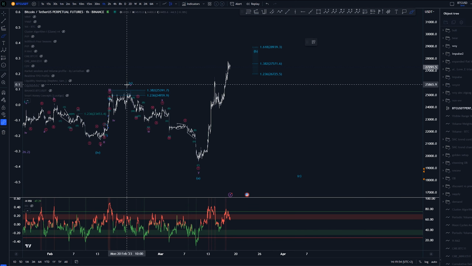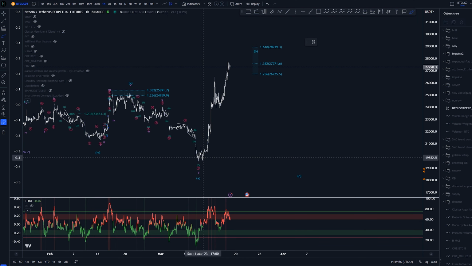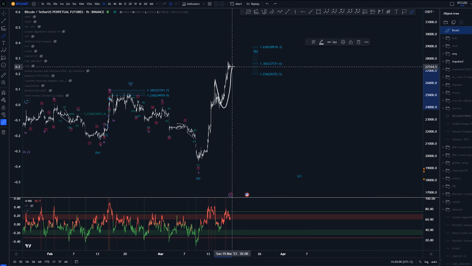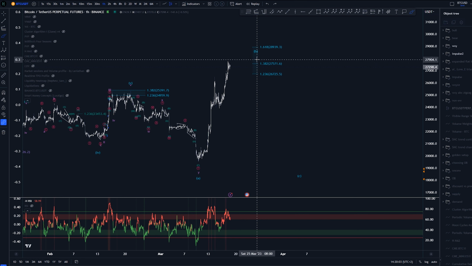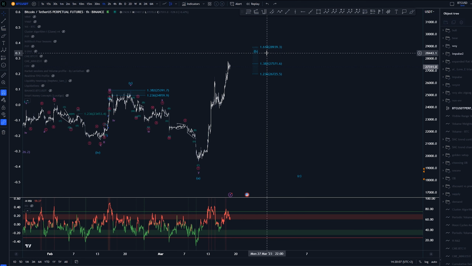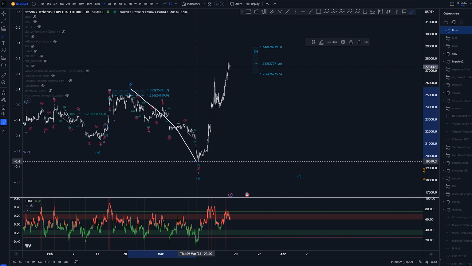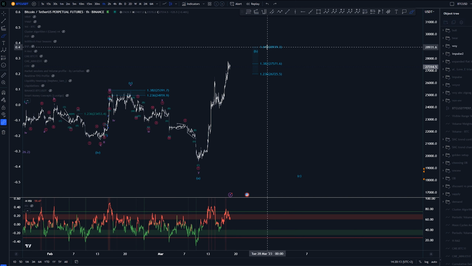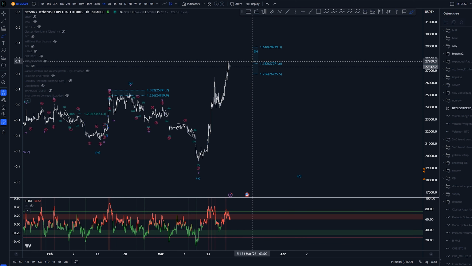Overall, the expectation was that we were going to be having A, B, and C. That did not happen. We pivoted here in the middle. But yeah, the extension targets or the retracement targets here are still the same. So again, this current 1.618 is something that we can't go to unless this whole structure gets invalidated.